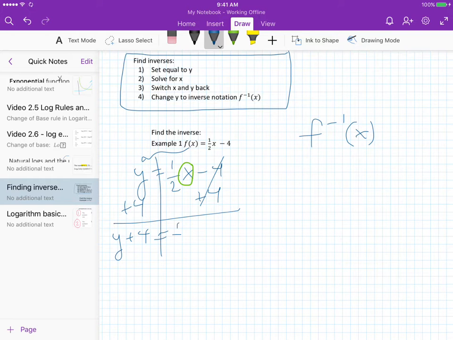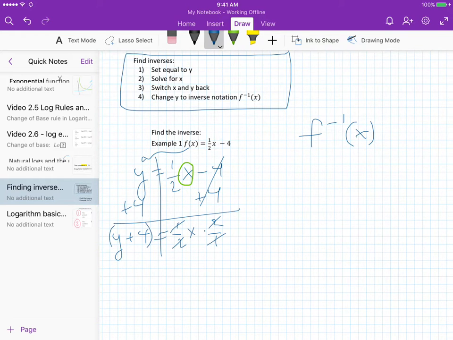Equals 1/2 x. Okay, to get rid of a 1/2, I can do two things. I can multiply by 2 on both sides, or I can multiply by the reciprocal, 2 over 1, to always get rid of a fraction. So I'm just going to multiply by 2 over 1, because the 2 and the 1 cancel out.